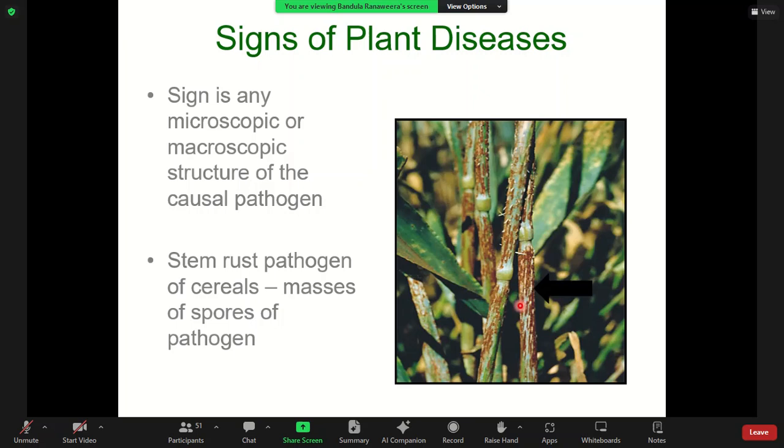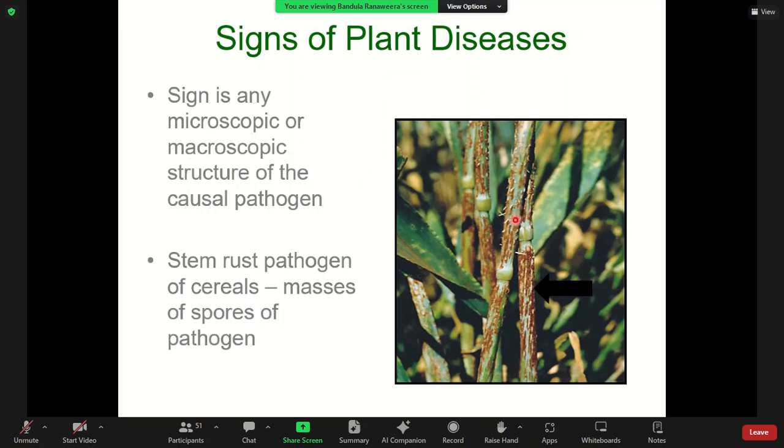Here, the fungus is growing initially inside the plant, and now it has ruptured the skin of the plant and is appearing on the surface of the plant.